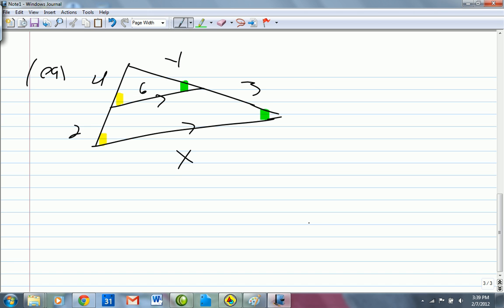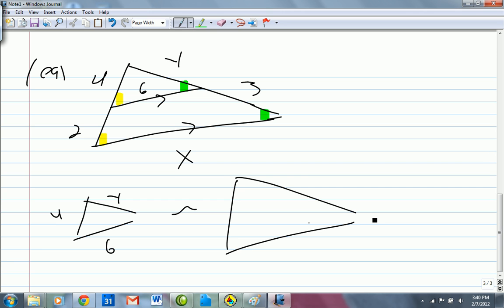What I'm trying to establish is that the top triangle, which looks like this, 4, 6, and Y, is similar to the big triangle, the whole triangle, which looks like this. And here is your side of 6 for the whole triangle. Here is your whole side of Y plus 3 for that triangle. And then your base is X. So here are my congruent angles.